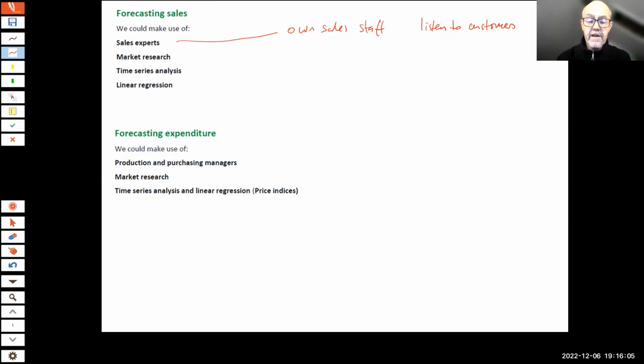I suppose under sales experts, we would have industry publications. So I've mentioned, maybe the UK Wine Importers and Wine Merchants Association.